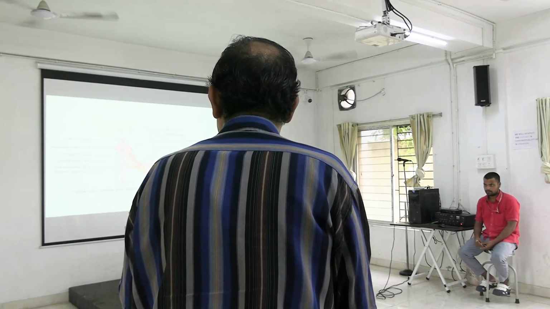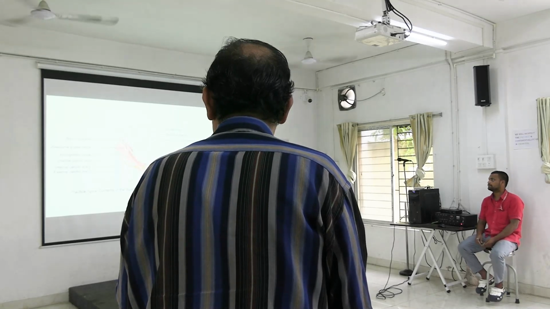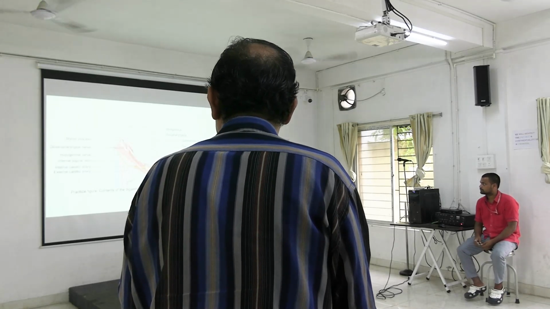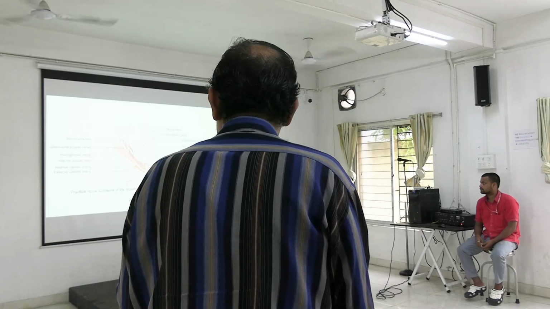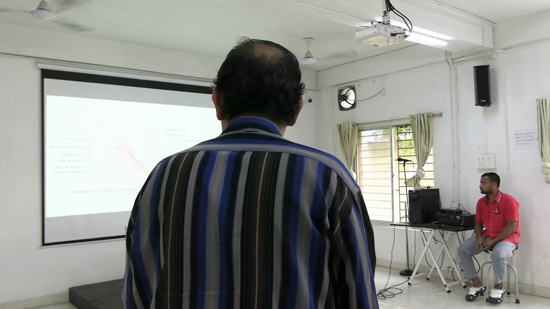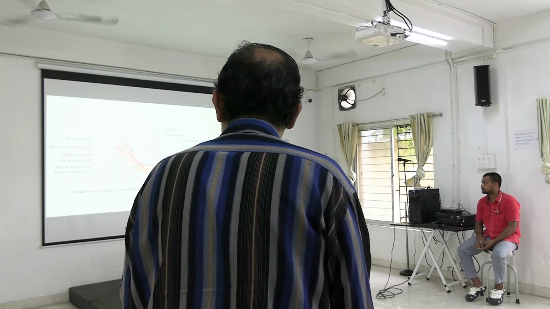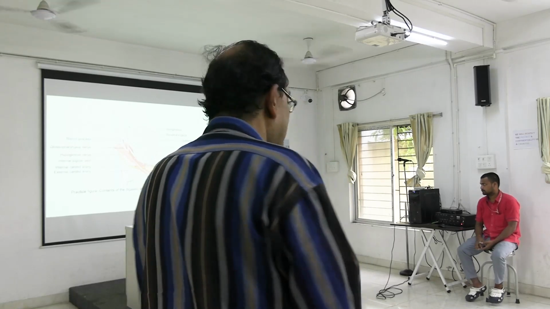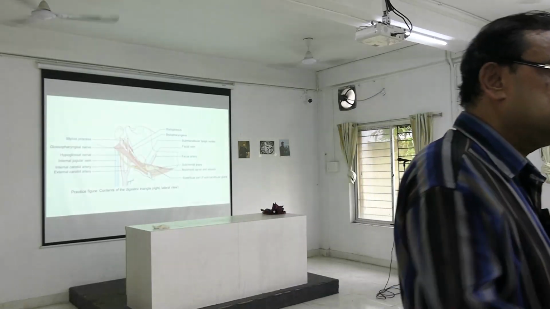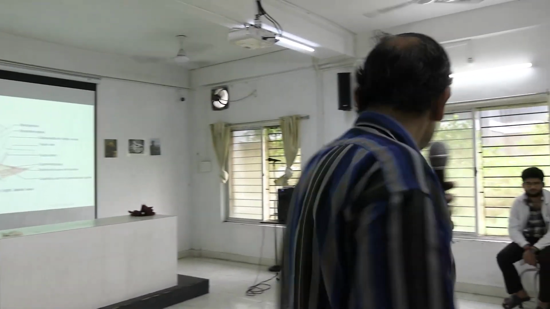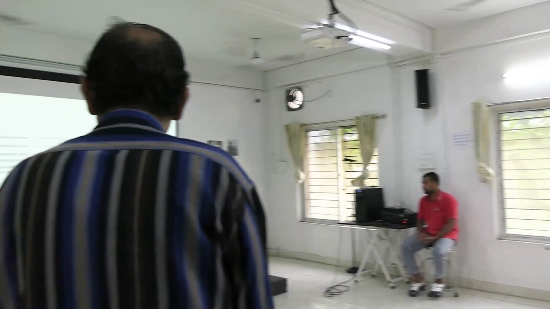So here we can see the digastric triangle. Here we can see the facial artery. Okay, and we can get this hypoglossal nerve. We can get the superficial part of the submandibular gland, and here on the base we can get the omohyoid muscle. That is the base. Okay, so this is within the small area.